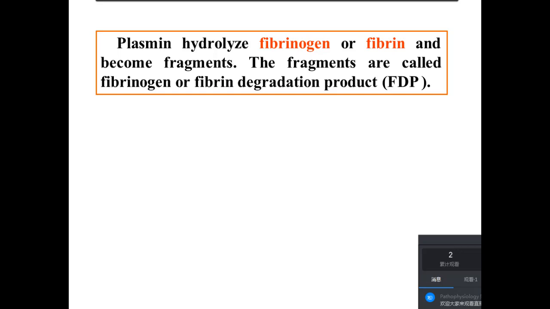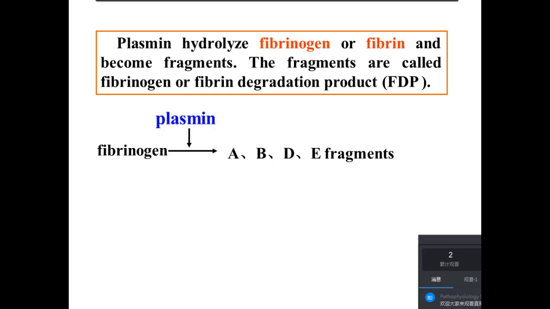First, plasmin hydrolyzes fibrinogen and forms fragments, called FDP. The second, plasmin hydrolyzes fibrin and forms fragments, also called FDP. Now, the first, plasmin hydrolyzes fibrinogen and forms fragments A, B, D, E, and so on. The fragments are called FDP.